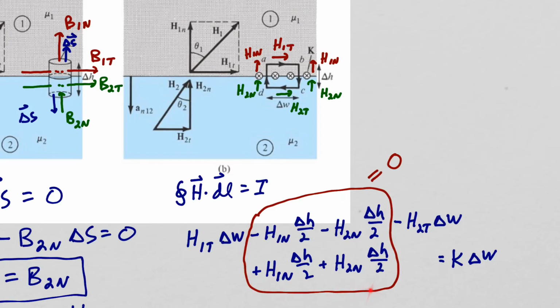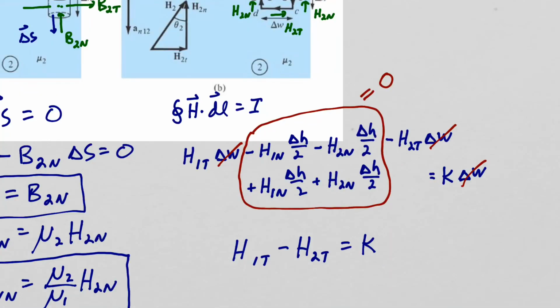So these terms sum to 0. And we can now divide both sides of our equation by delta W. So we're left with H sub 1 tangential minus H sub 2 tangential is equal to our surface current density.